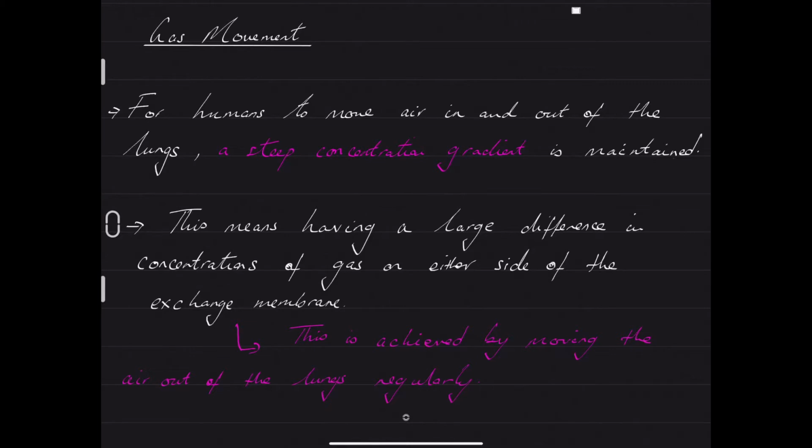We change the composition of the air in the lungs, and by doing so, that steep concentration gradient is maintained for the oxygen that is diffusing into the blood and the carbon dioxide that is diffusing out of the blood. And that's what we call ventilating the lungs or breathing.